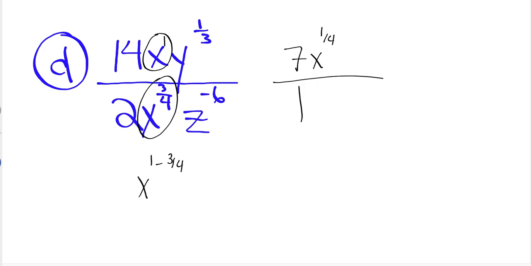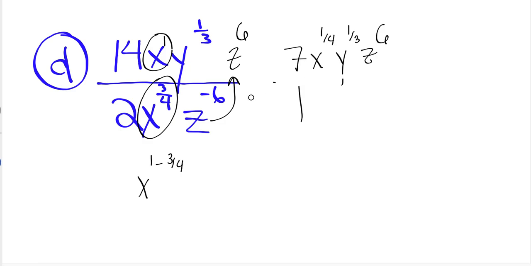And then the y's, that's going to stay where it's at. We don't need to move it because there are no other y's. And then the z has a negative exponent, so that needs to move up to make it a positive exponent. And we have something like that. So I don't even need the 1 on the bottom. After I simplify, this is what we get.